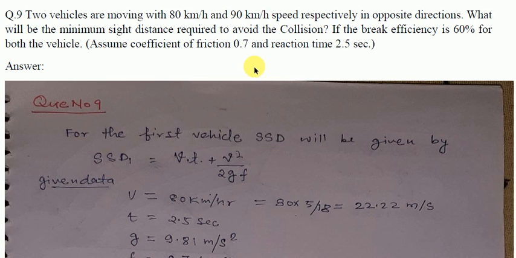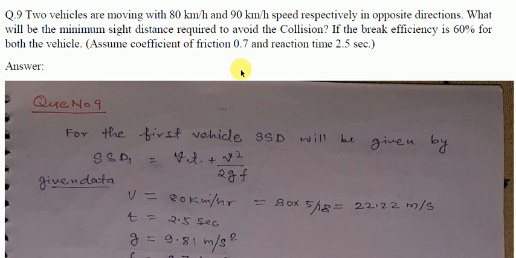As we know, according to the question, two vehicles are moving in opposite directions. If one vehicle is coming from one direction, then the other vehicle will be coming from the opposite direction.